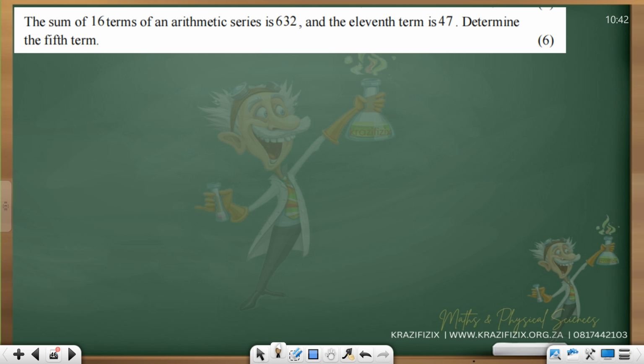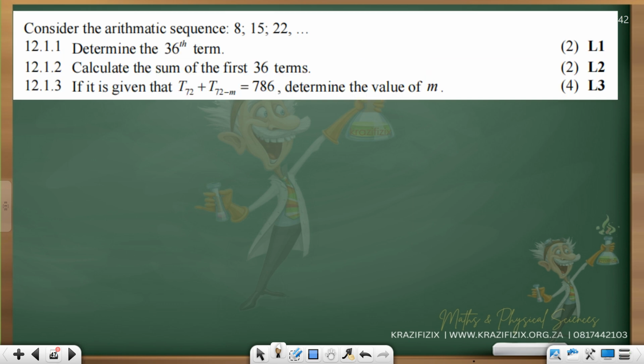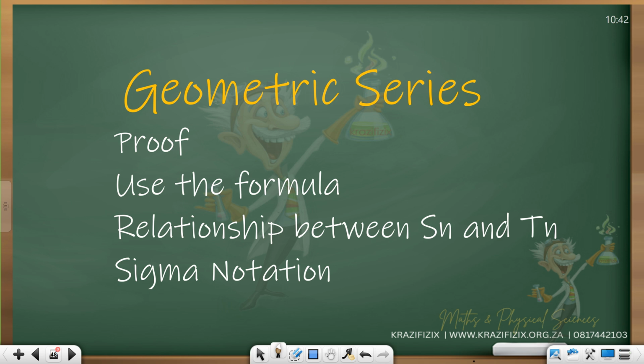Some of them I'm bringing in arithmetic and geometric again for us, so we revise on our own. Next one. And you see, most of them are level 1, level 2. So I need us to solidify, and I think that was the last one.